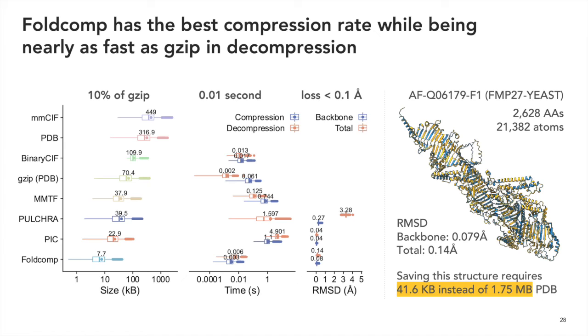And this is the longest protein in the AlphaFold E. coli dataset. For saving this structure, it takes about 1.75 megabytes for the PDB file, but for Foldcomp it only takes 41.6 kilobytes.